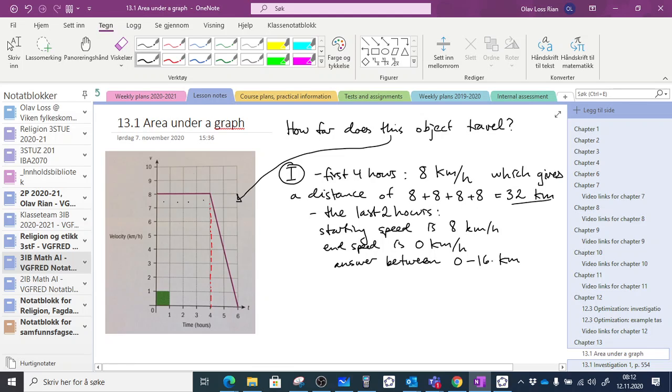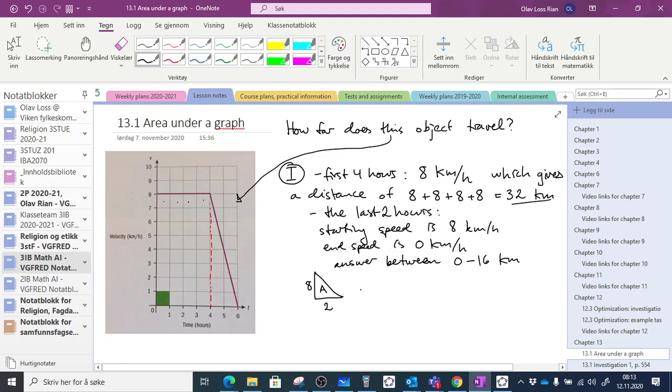If we also consider area under the graph as an answer here, we could examine the area of this triangle. The height of the triangle is the speed, so that's 8, and the bottom line of the triangle is 2, because that's 2 hours.